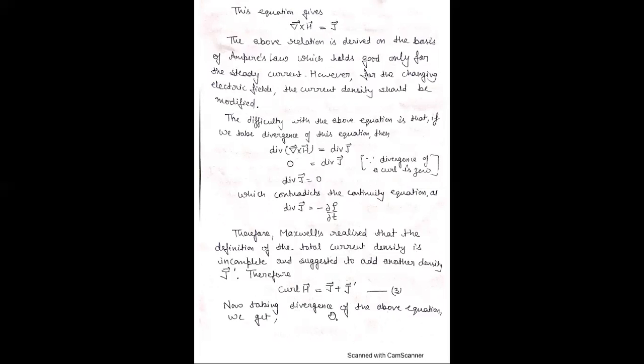Now, taking the divergence of the above equation, we get divergence curl of H equal to divergence of J plus divergence J dash. We know that divergence curl of H is equal to 0.